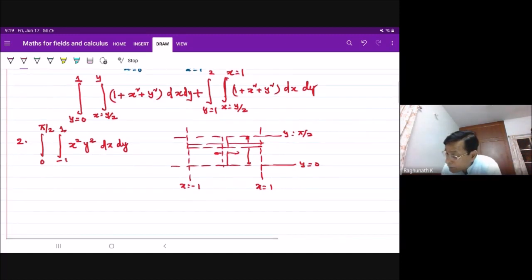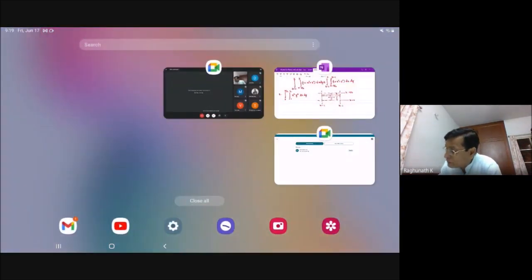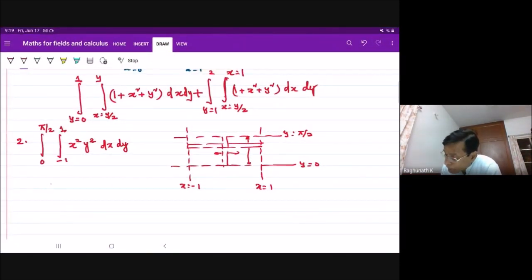What is this value? Integral 0 to pi by 2, y squared, x squared dx is x cubed by 3. From -1 to +1 is 2 by 3 now.